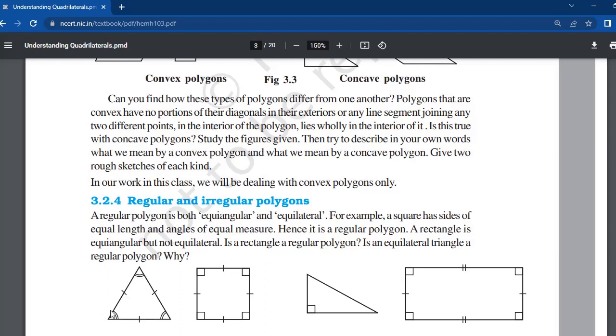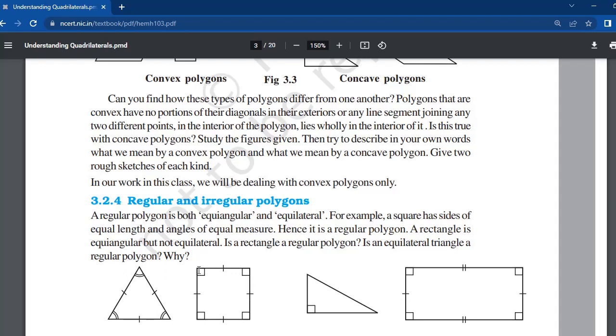The sum of all the internal angles of any triangle will be equal to 180 degrees. And similarly for a quadrilateral, let's say I name it A, B, C, and D, then angle A, angle B, angle C, and angle D sum to 360 degrees.